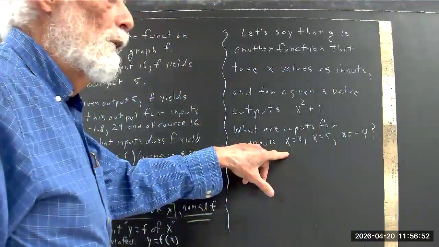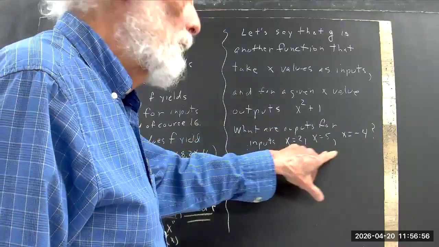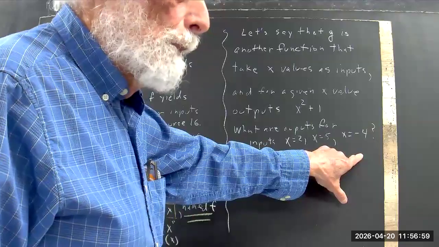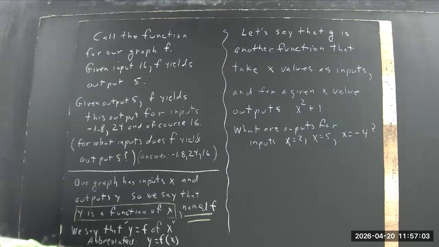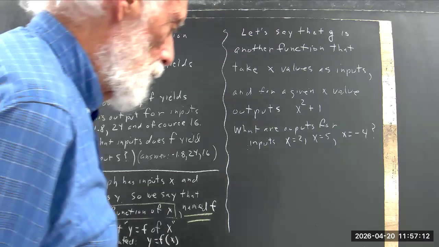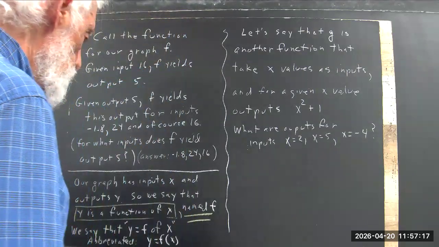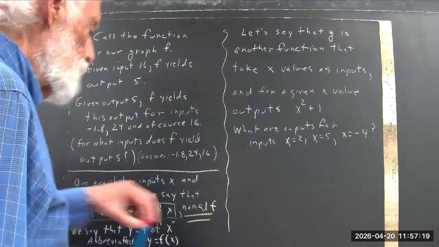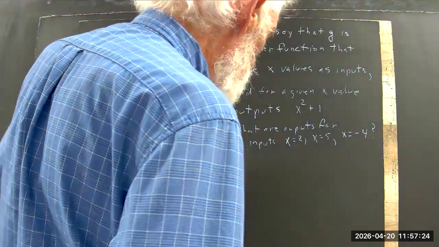So for X equals 2, what is the output? For X equals 5, what is the output? For X equals negative 4, what's the output? Now I'm going to give you a minute to figure that out. If you have good understanding of the question, you probably figured it out pretty quickly. If you don't, I'm going to say a few things that will hopefully give you a better understanding.